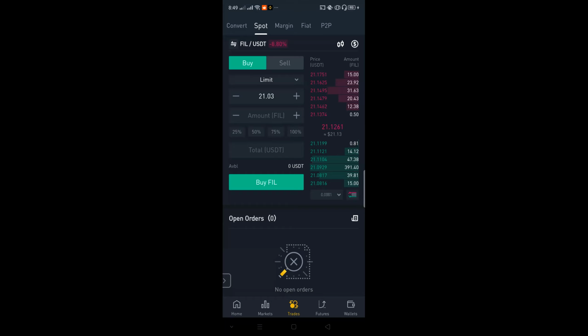So there's a difference between the sell on futures and the sell on spot. The sell on spot is for you to take profits, while the sell on futures is for you to short the market. When the market is going down, on the bearish, you want to follow the trend and still be in profit.